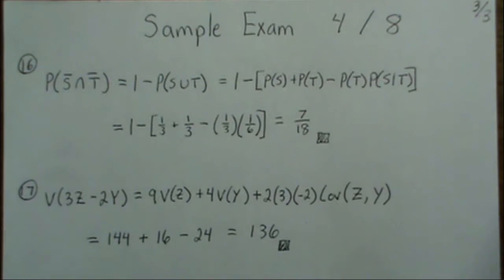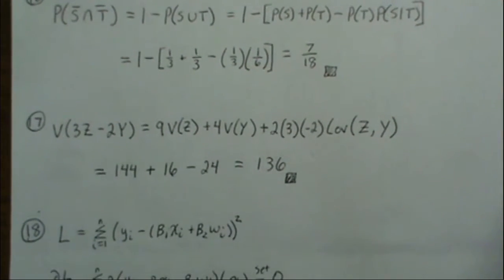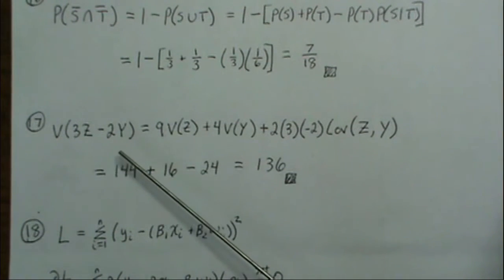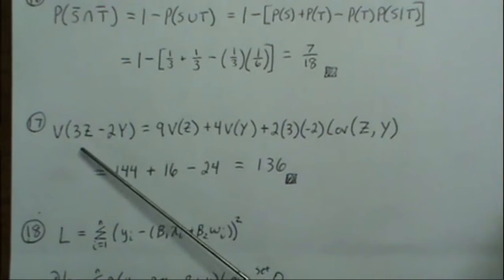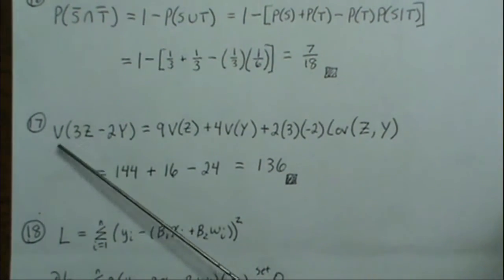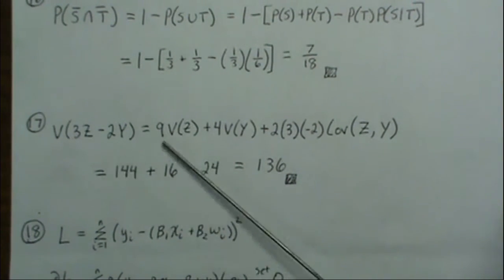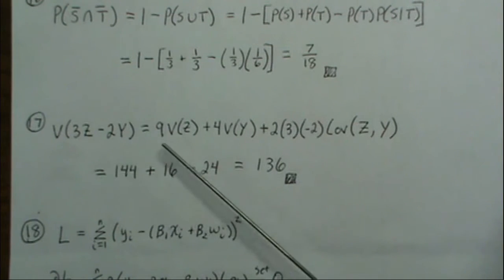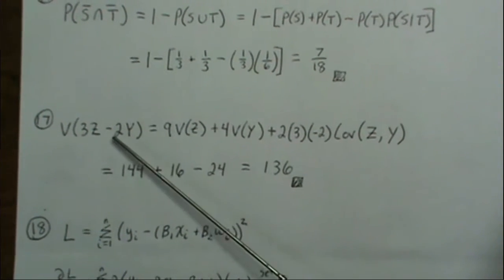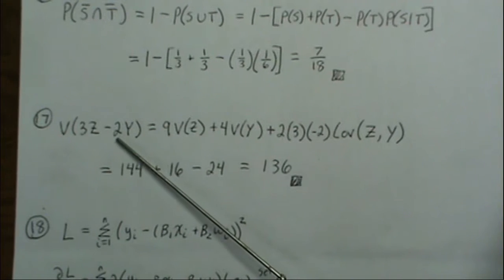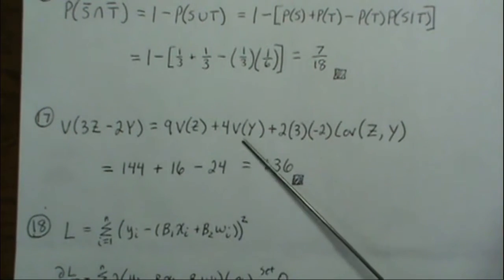So problem 17, we're asked to find this variance. So we take the constants out of the expression and square them. So that's 3 squared times the variance of z plus minus 2 squared times the variance of y.